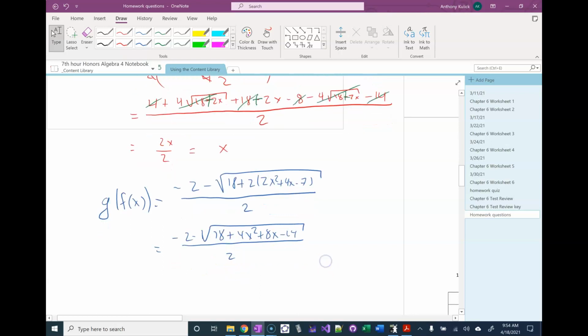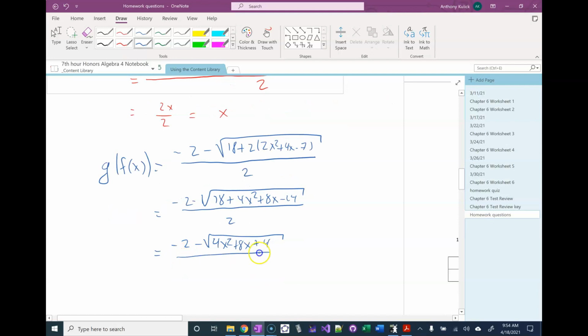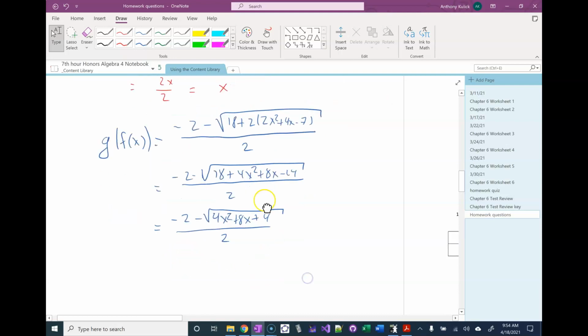And if I combine like terms, 4x squared plus 8x, and 18 and negative 14 is 4. And this I'm going to try to factor now, the polynomial underneath the radical. So notice I can take out a greatest common factor of 4.